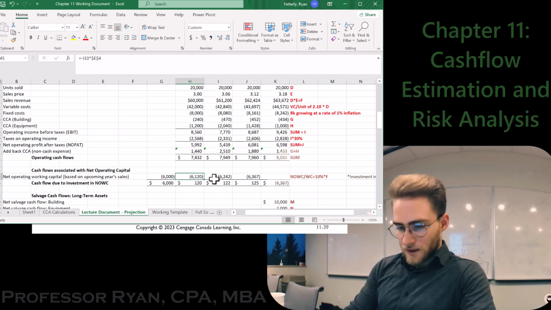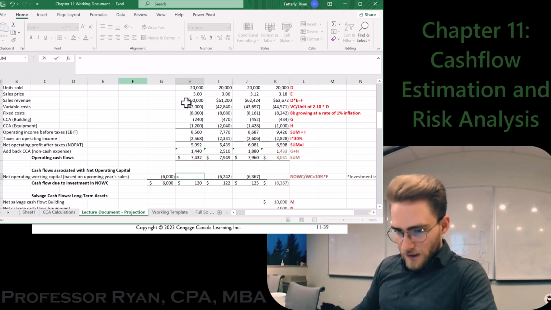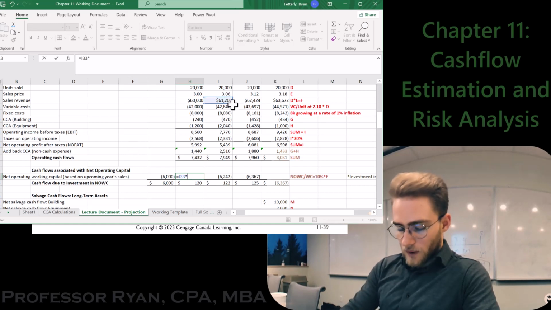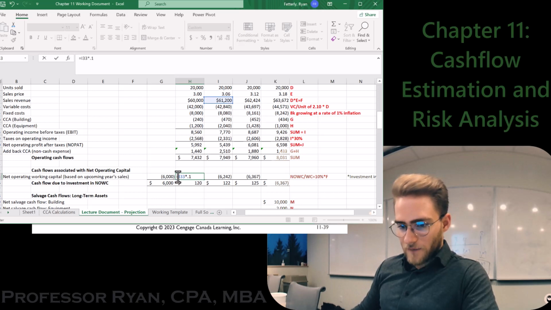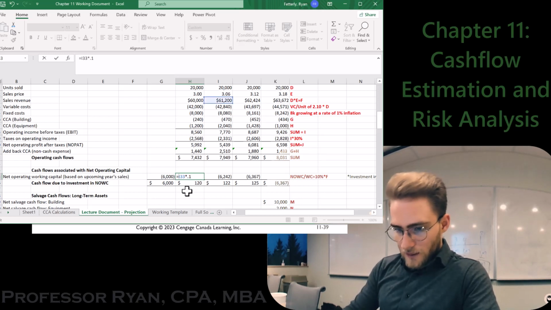So I need to remember how I did this. I believe it equals this amount: next year's sales revenue multiplied by 0.1, right? So this is the total balance we have to have available, but we also have to consider that we've already made an investment, that being $6,000, right? So I'm going to make this negative.